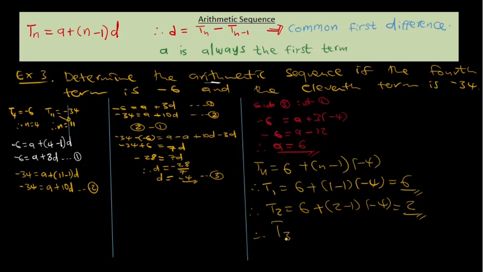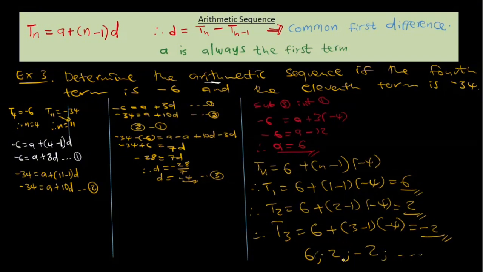Therefore, the last term will be 6 plus, n equals 3 minus 1, so 2 times minus 4 is minus 8, plus 6 is minus 2. Therefore, we have 6, 2, minus 2. This is our arithmetic sequence.